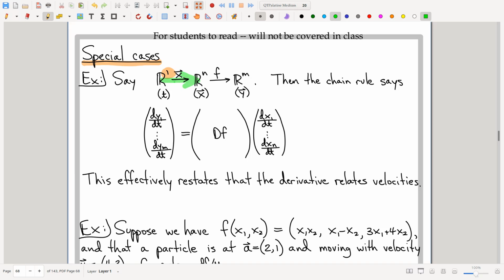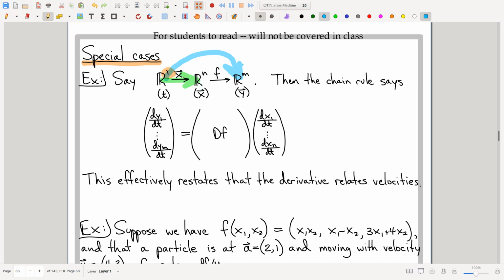That's a parametric curve. Here's another consequence. Look at the composition now. That composition is a function that gives position in Rm as a function of time. It too is a parametric curve, right?